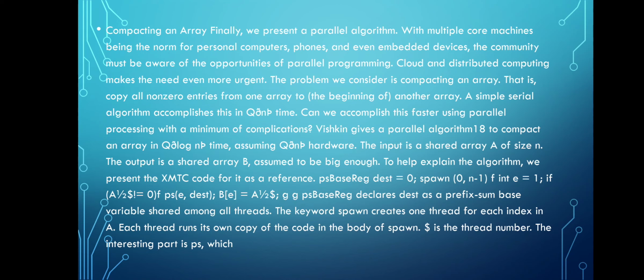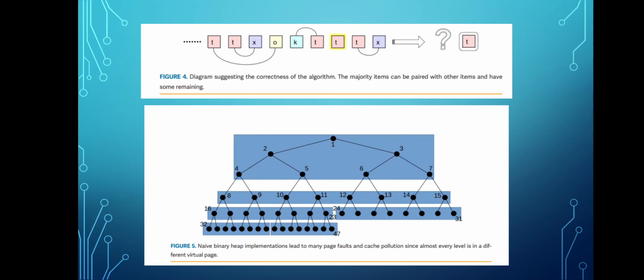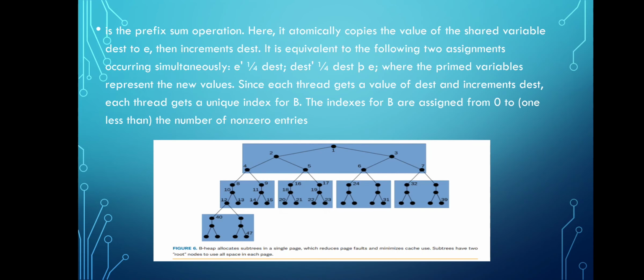The keyword spawn creates one thread for each index. Each thread runs its own copy of the code in the body of spawn. i is a thread number. The interesting part is PS, which is the prefix sum operation. Here it automatically copies the value of the shared variable dest to e, then increments dest.